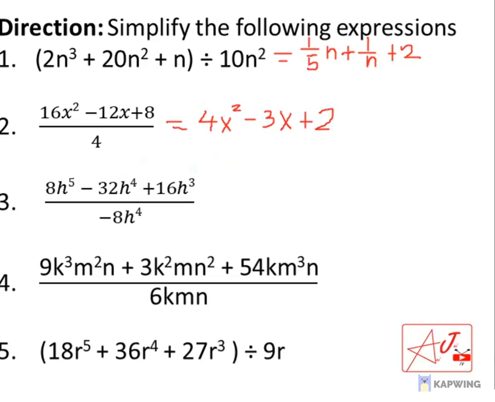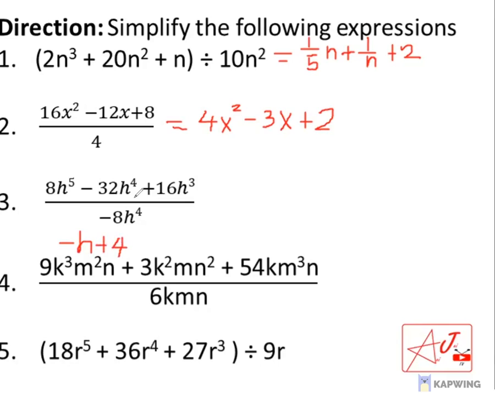Next, for number 3. So, negative and positive. Ang answer natin first term ay negative. 8 divided by 8 is 1, kaya hindi na natin isusulat yon. So, 5 minus 4 is 1. So, h na lang. Then, negative, negative, positive yan. 32 divided by 8 ay 4.